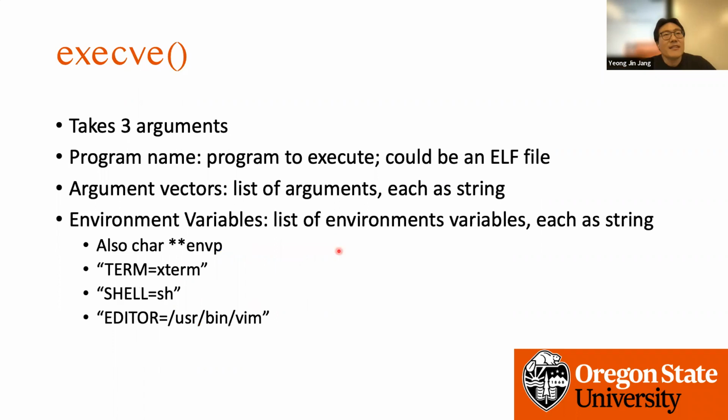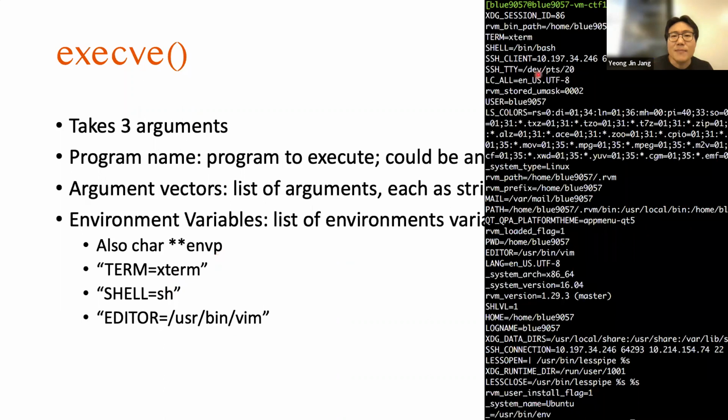And then there's another part, the environment variables. These are some of the configuration of the operating system, which we can change using the command line. They store information such as what kind of terminal you use, what kind of shell you use, and what kind of editor you want to use. If you type the env command on Linux, you can easily see what environment variables are there, and we can change them.